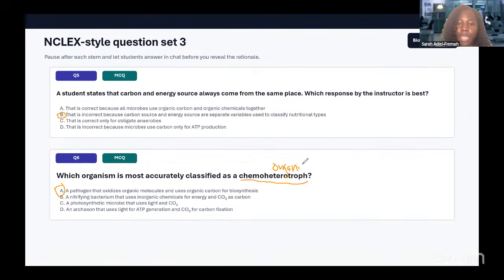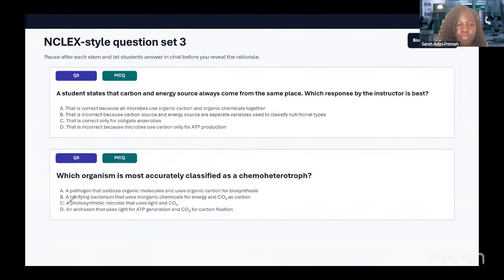Then you can look through the answer options and see which one has carbon from an organic source and energy from chemicals. So definitely you have an organic molecule, which is a chemical, giving you your energy source because it is being oxidized to release energy. And then you have organic carbon also here. A couple of people also selected B, but let's look at why that would potentially not be the correct answer choice.